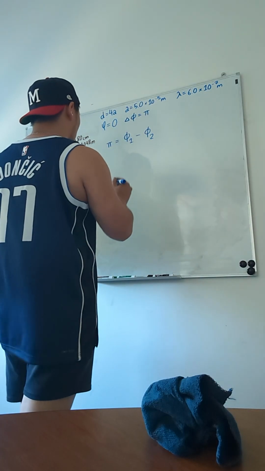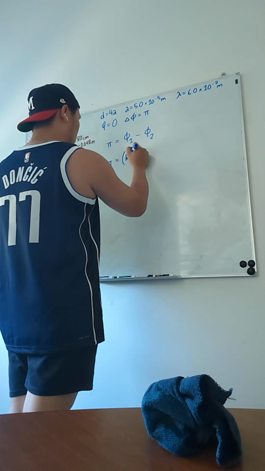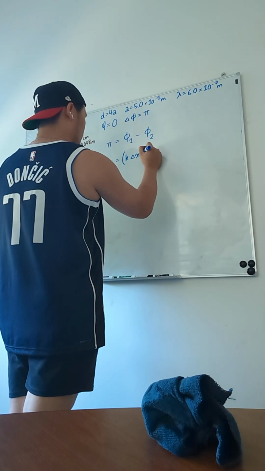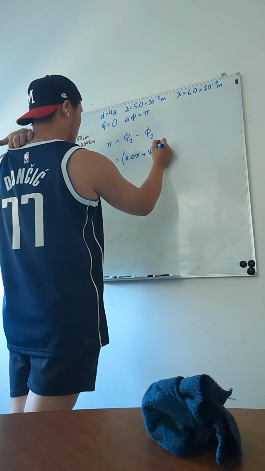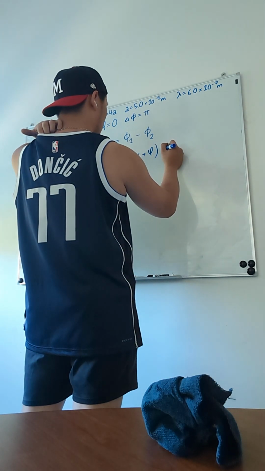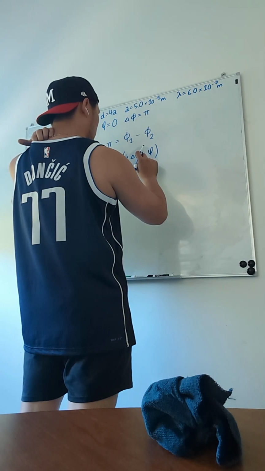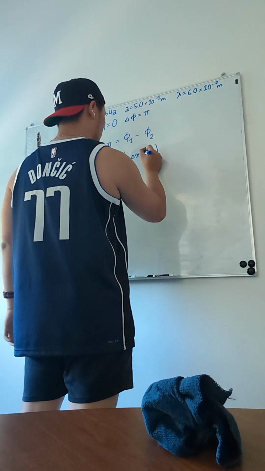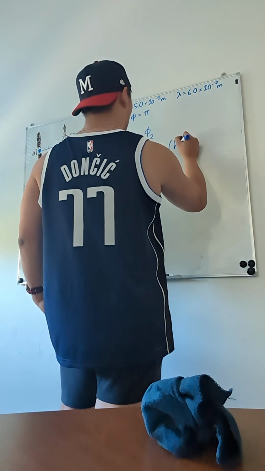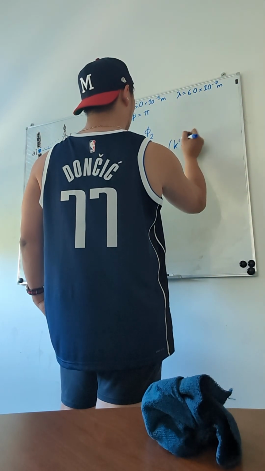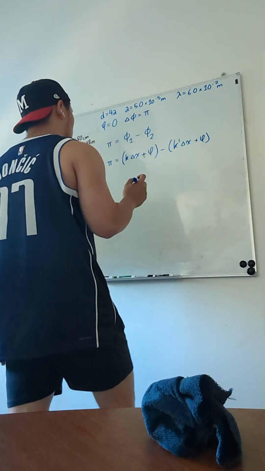Well, you know that these are equal to k del x plus phi, minus k prime del x plus phi, but phi doesn't matter because it's 0.